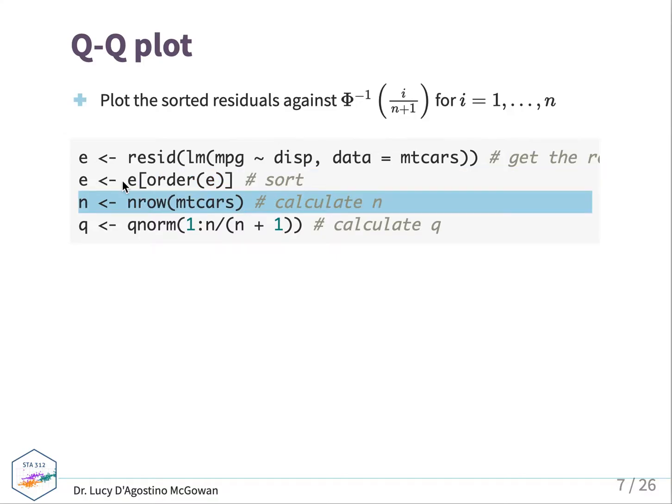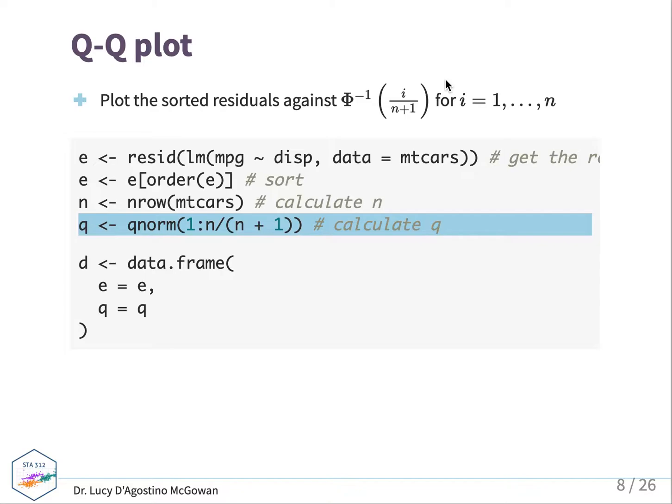Okay. And then this is going to calculate n. And so to plug into this function here, we have to be able to calculate n. And then in order to calculate what we're going to use on the x-axis here, we use the qnorm function. So norm here refers to the normal distribution.